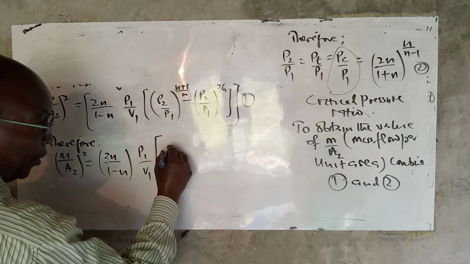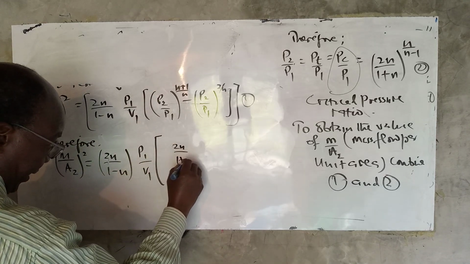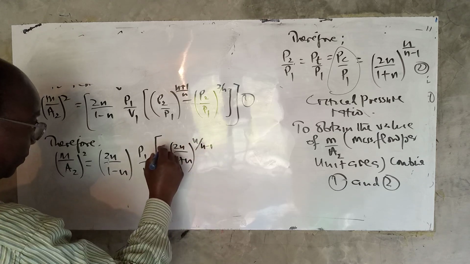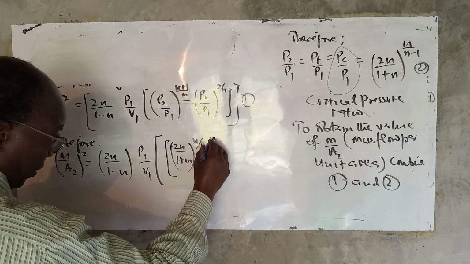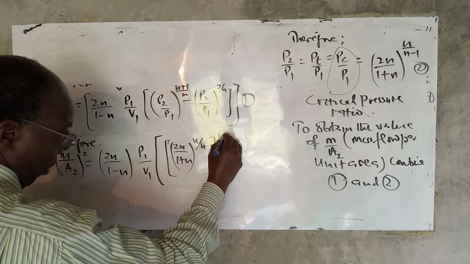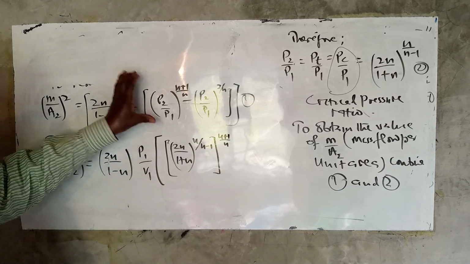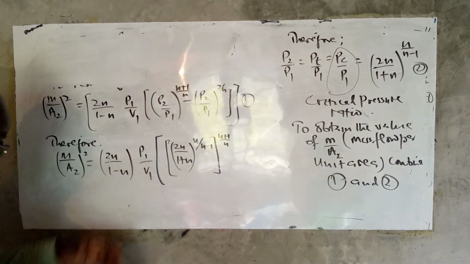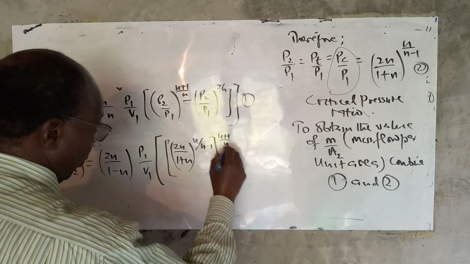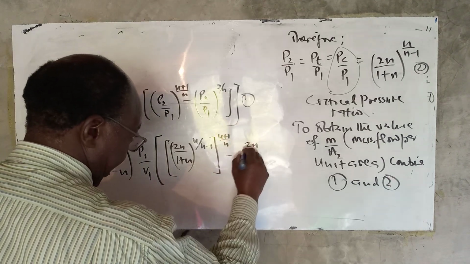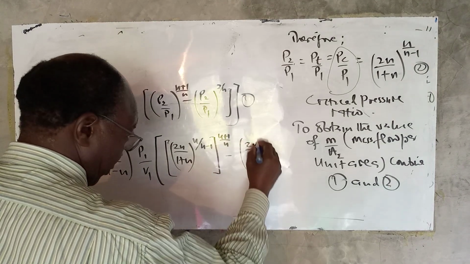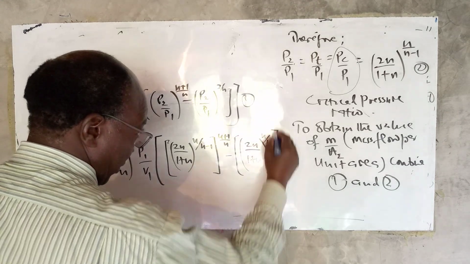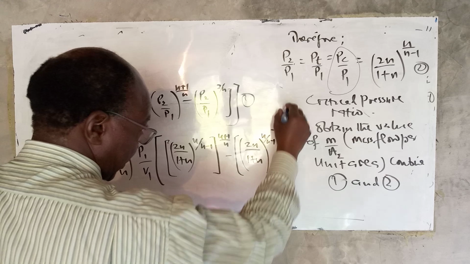So we have 2 over n plus 1 to the power n over n minus 1, raised to the power n plus 1 over n. We have simply put in the value here for P2 over P1, we have substituted there, and that would also be 2 over n plus 1 to the power n over n minus 1, into 2 over n.